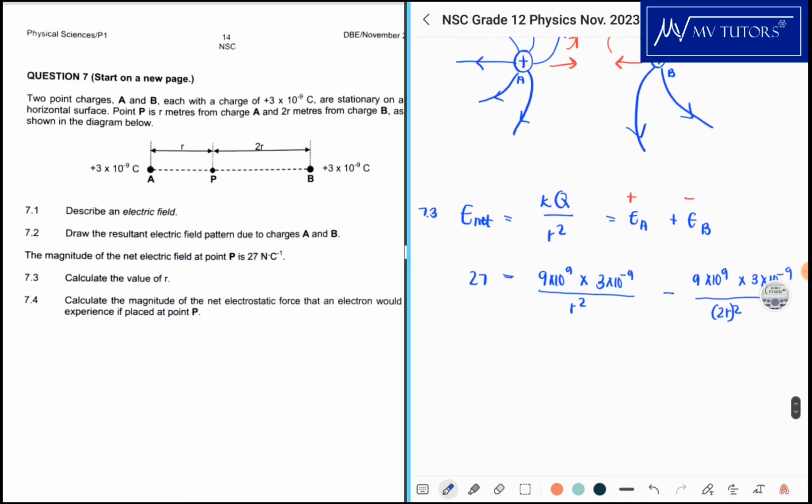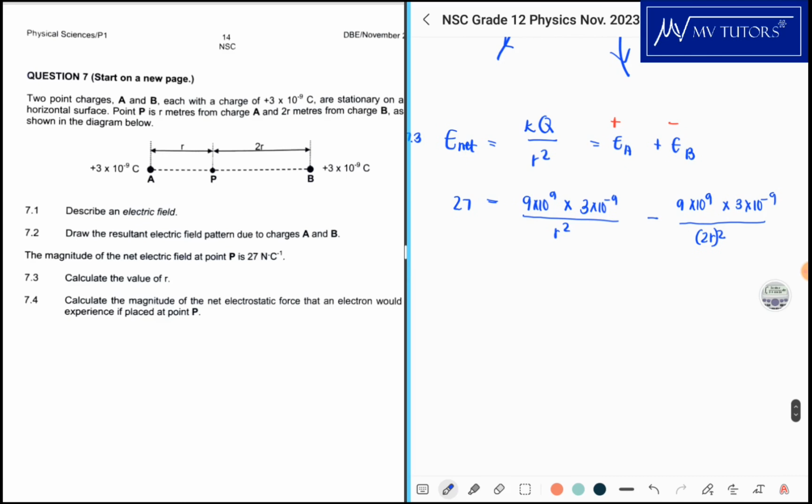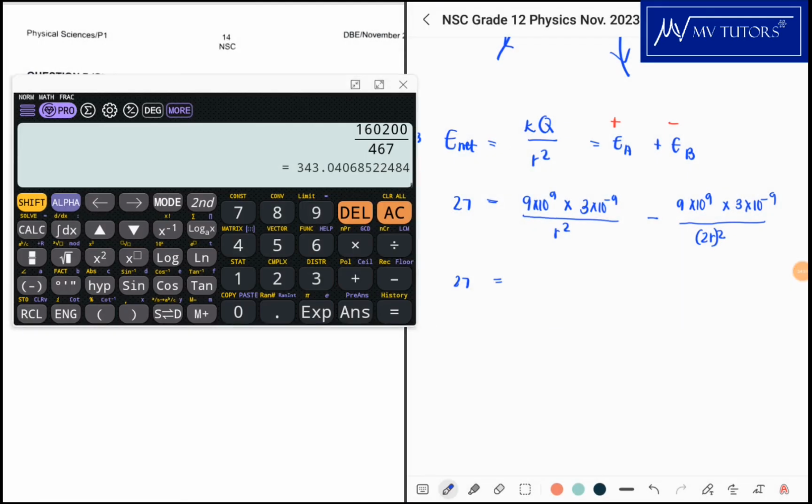Now let us see how we can simplify. So we have 27 equals 9 times 10 to the 9 times 3 times 10 to the negative 9.